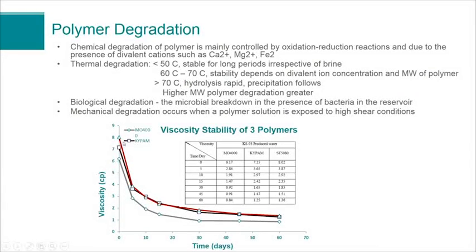The viscosity decreases almost by a factor of 3 in only 60 days for these 3 different polymers. So in this case, there was fairly significant degradation. And we model this in CMG software using a first order reaction of polymer changing to water.